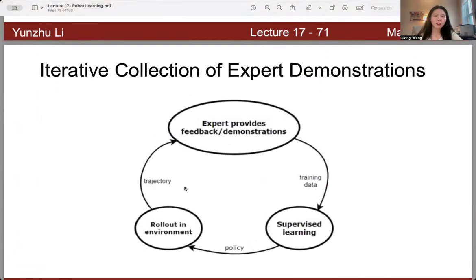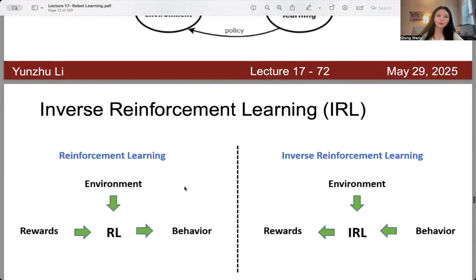The iterative collection of expert demonstrations is like this. The expert provides feedback and training data, then training through supervised learning and outputting the policy to the robot in the environment, and outputting the trajectory to feed back into the loop like this.